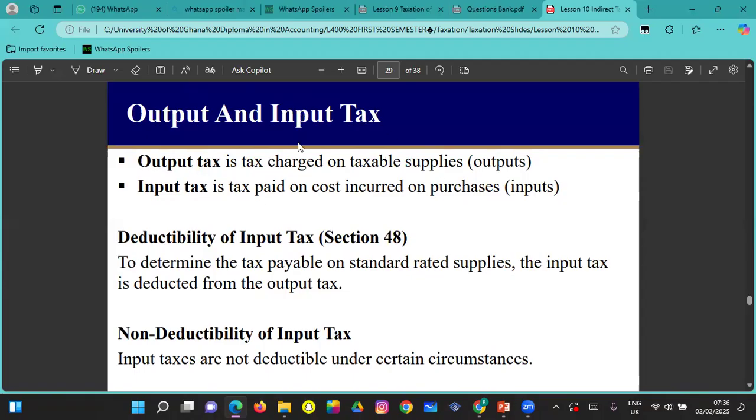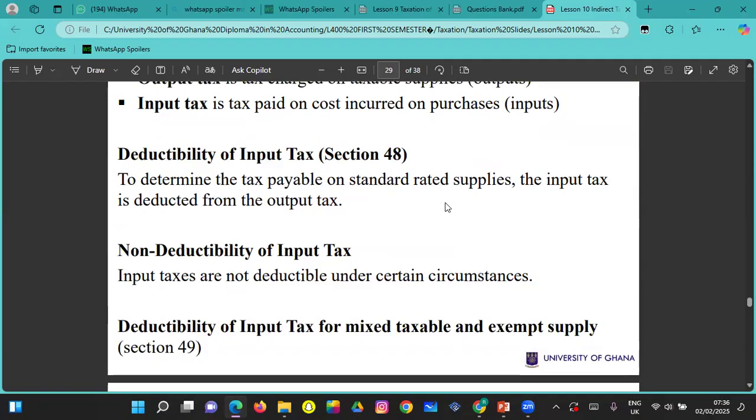And the input is when you are purchasing, VAT was already placed on it, so you have to take that VAT out. So input VAT is paid on the cost incurred on purchases. The deductibility of input VAT: to determine the tax payable on standard rated supplies, the input tax is deducted from the output tax. We'll do that very soon.